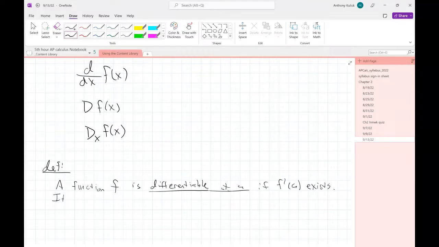We say that that function is differentiable on an open interval if it's differentiable at every point on that interval.